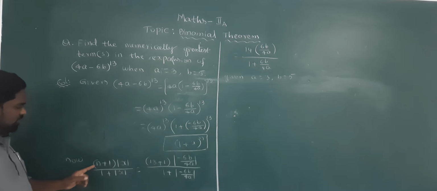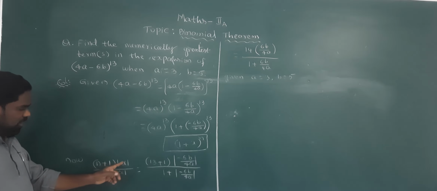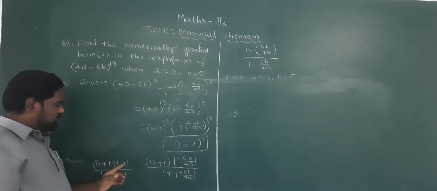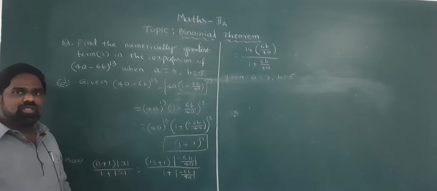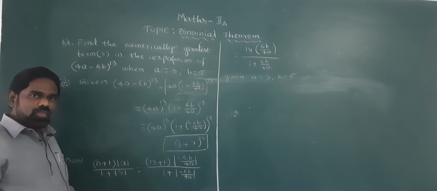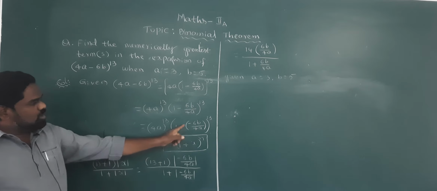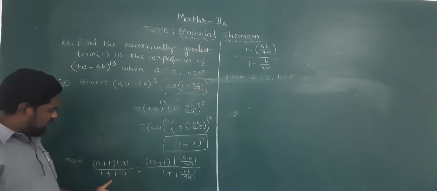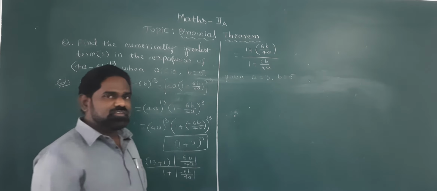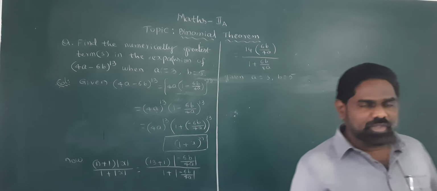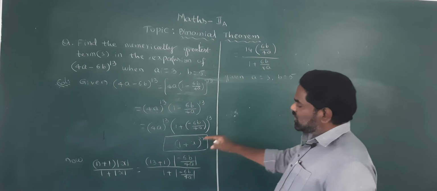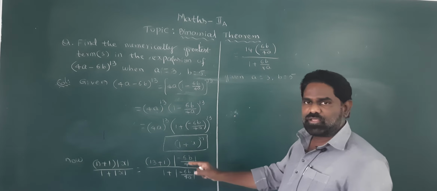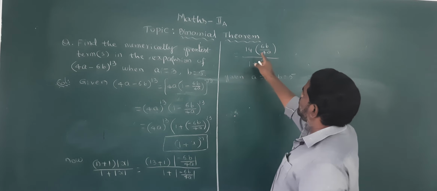Put here in this formula: (n + 1)|x| / (1 + |x|). Understand? The n value is 13, so 13 plus 1, times modulus of x, that is modulus of -6b/4a, divided by 1 plus modulus of -6b/4a. So 13 plus 1 is 14. It has a negative sign, but since it has modulus, take it positive.